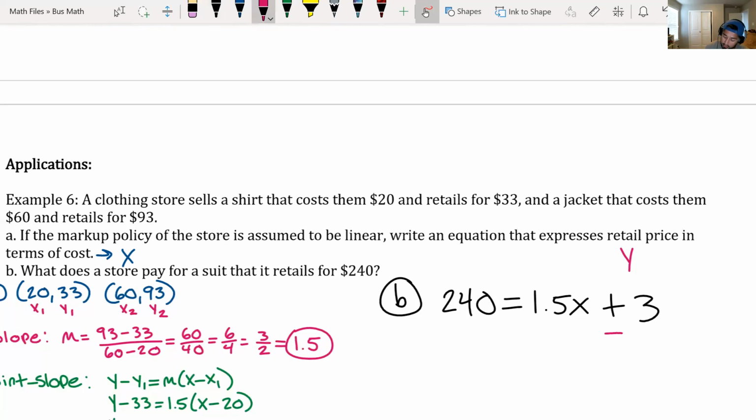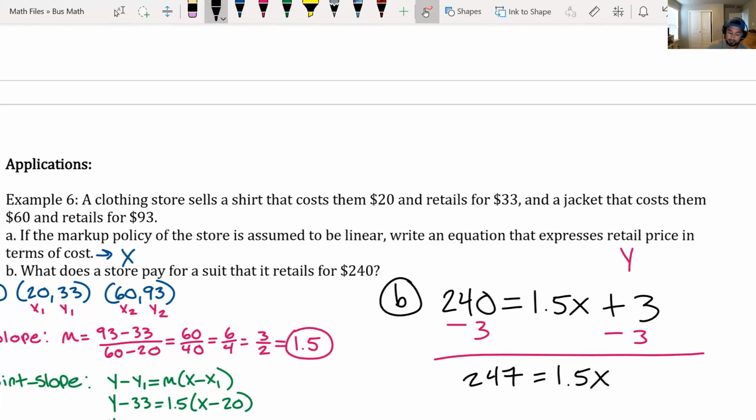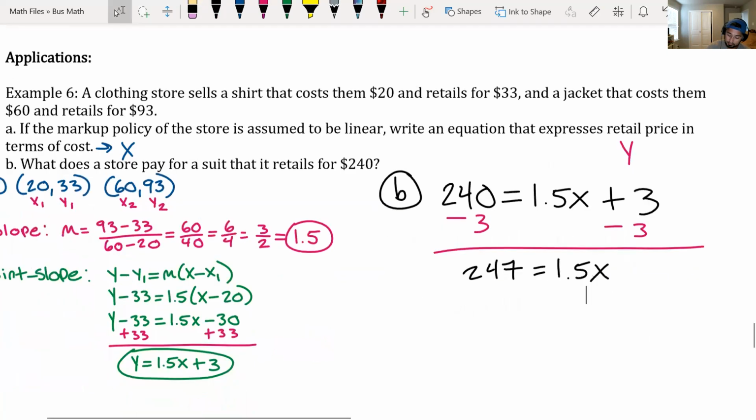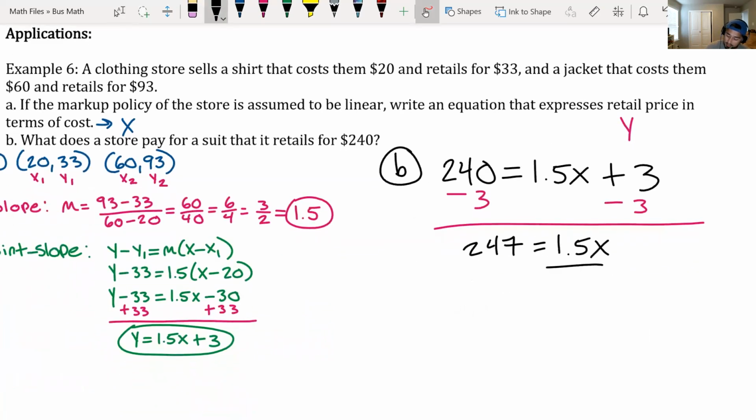Now, subtract 3, and you'll get 247 equal to 1.5x. Divide by 1.5, divide by 1.5.